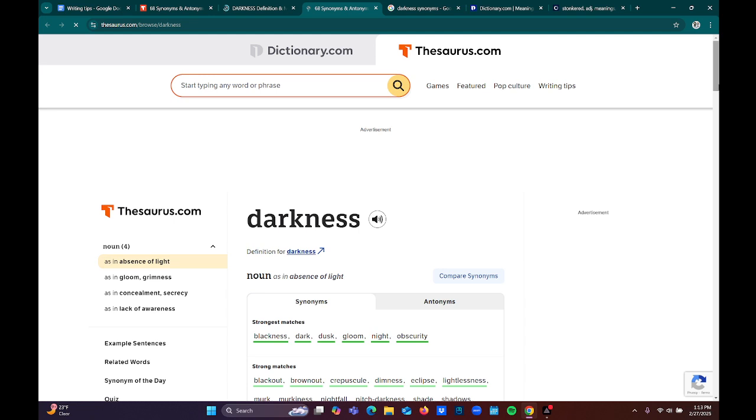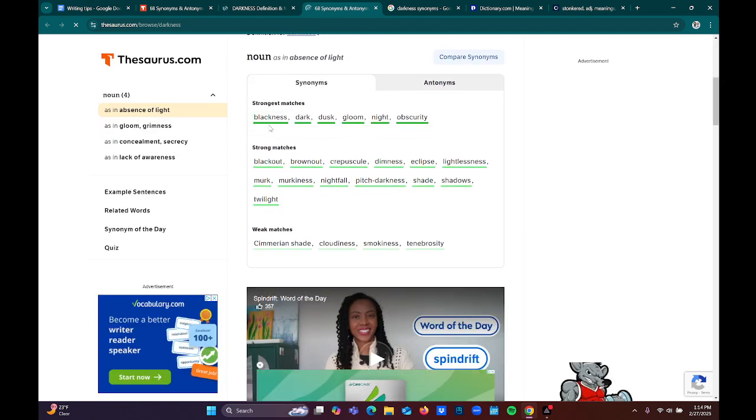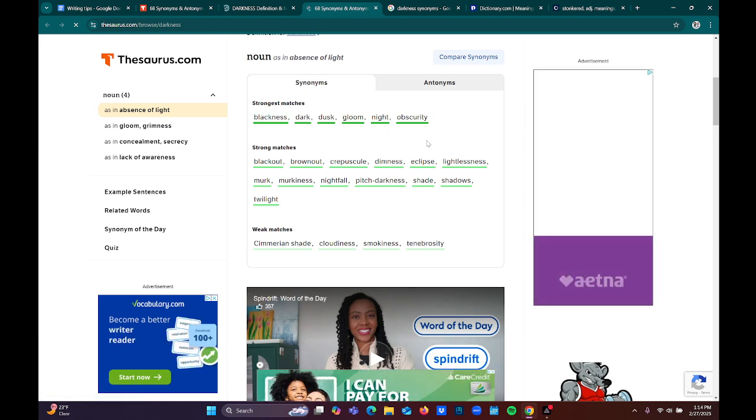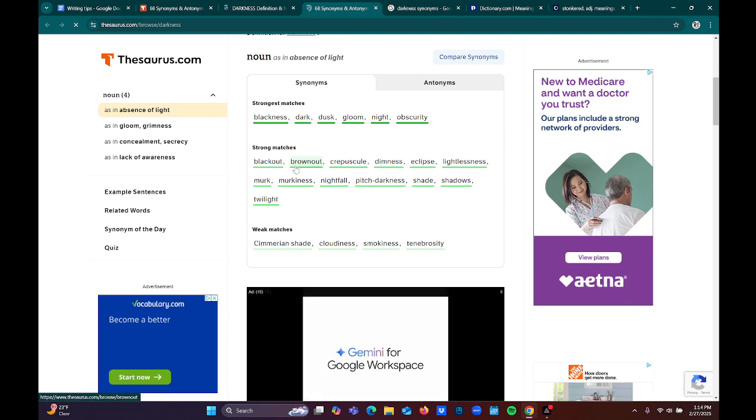Oh, yeah, so you can look up synonyms for darkness. There we go. So, yeah, I was right. Blackness, dark. Gloominess might work. Blackout might work, but that's not the vibe that I'm looking for when I say darkness.